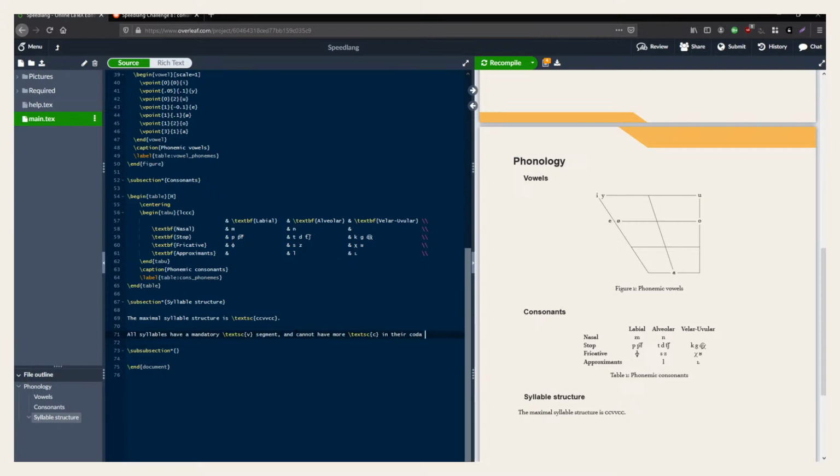In their coda than they do in their onset. Let's... What other fun restrictions can you think of?